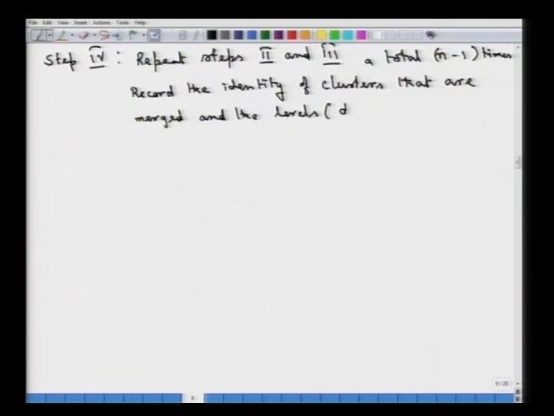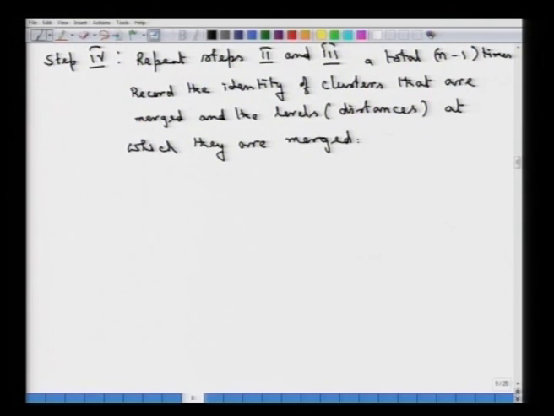Now, these levels are nothing but the minimum distances that we are going to find out, distances or similarities. We are not talking about similarities at the moment, we are looking at distance matrix only, levels at which they are merged.